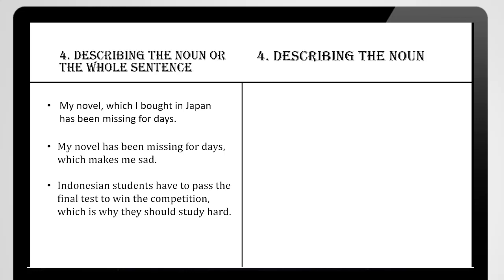Okay, so which makes me sad, which is why they should study hard. These two describe the whole sentence, not only the noun. So let's look at which makes me sad. So this one doesn't describe days, but describes the whole sentence, which is why doesn't describe competition, but describes the whole sentence.